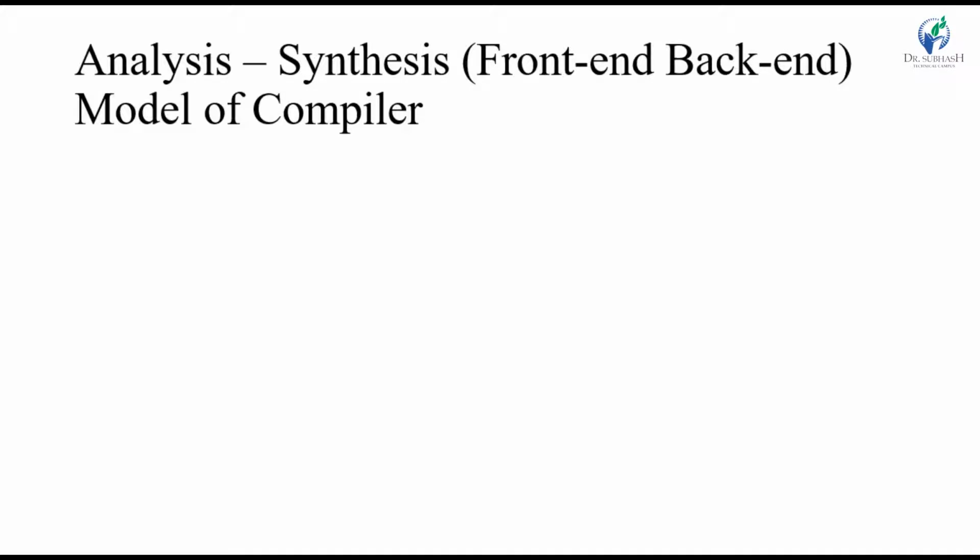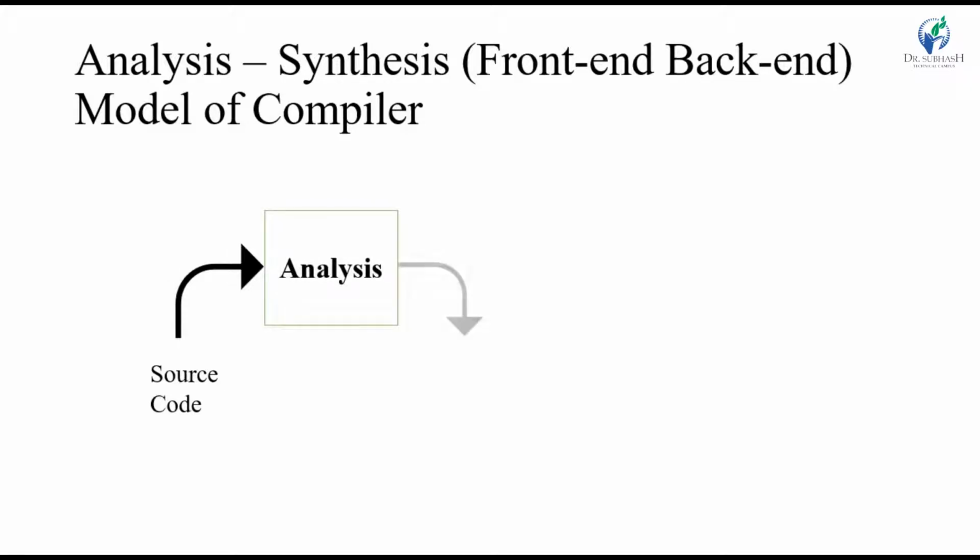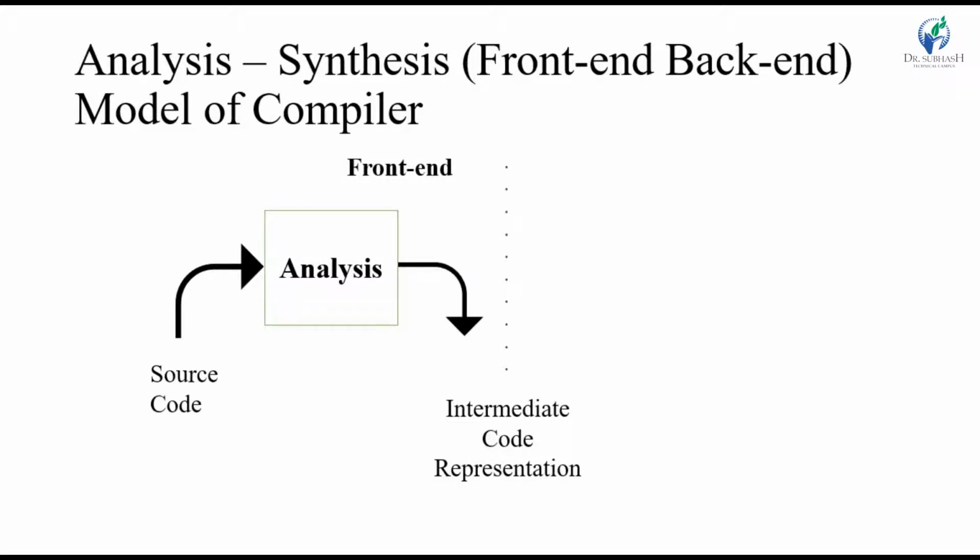First, source program. Source code is an input to analysis phase. It generates intermediate code representation, which is also known as front end of the compiler.